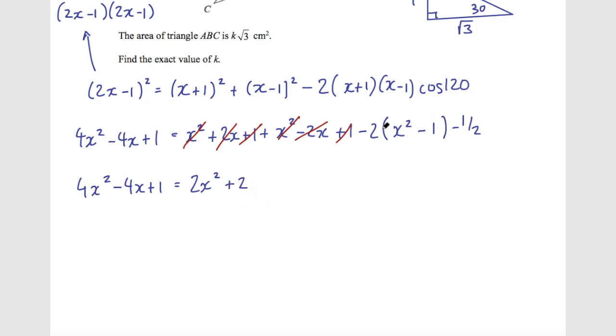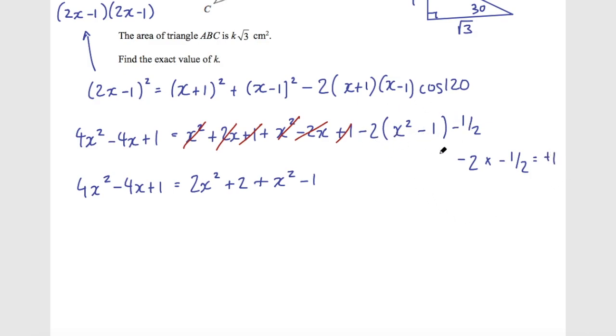And then over here, because these are all multiplied together, this minus a half cancels out this minus 2. So this over here, this just becomes plus x squared minus 1. So what I'm saying there is that minus 2 multiplied by minus a half, that just equals plus 1.